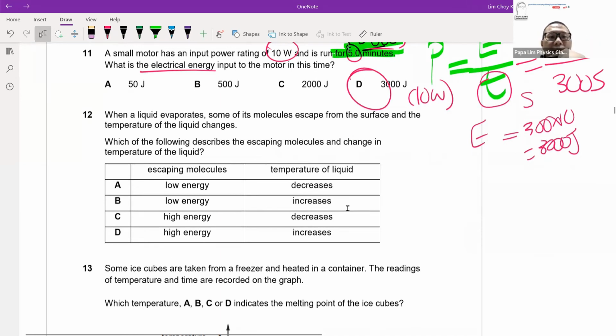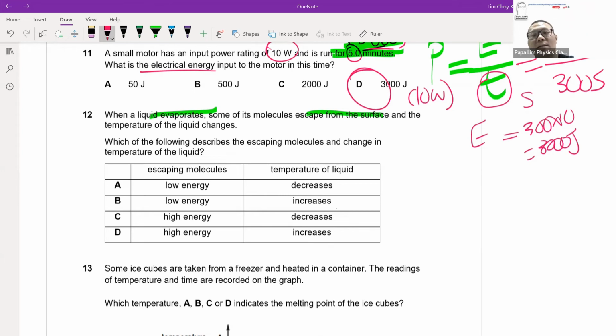Question 12, evaporation. How do the molecules of the liquid behave when evaporation takes place? When you talk about evaporation, there are two sections we look at. One is the escaping molecules, the molecules that are going to escape.